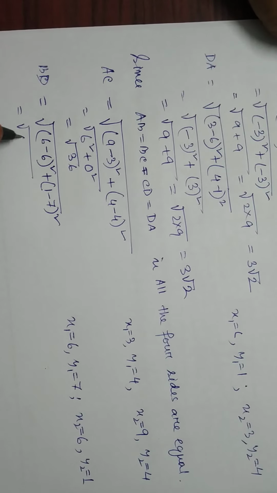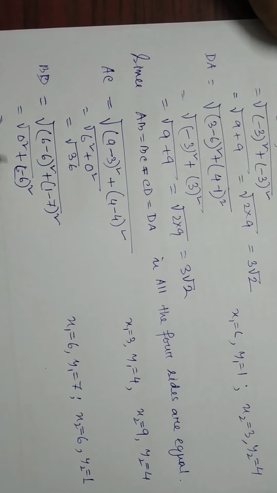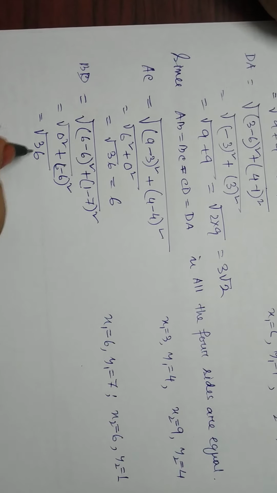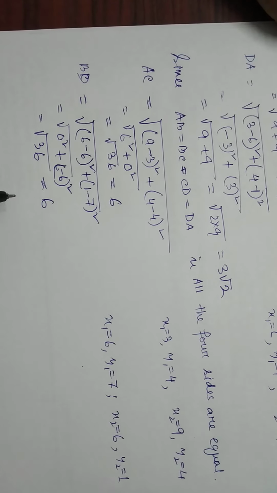That means 0 square plus minus 6 square. Therefore this one also is root over 36, which is 6.